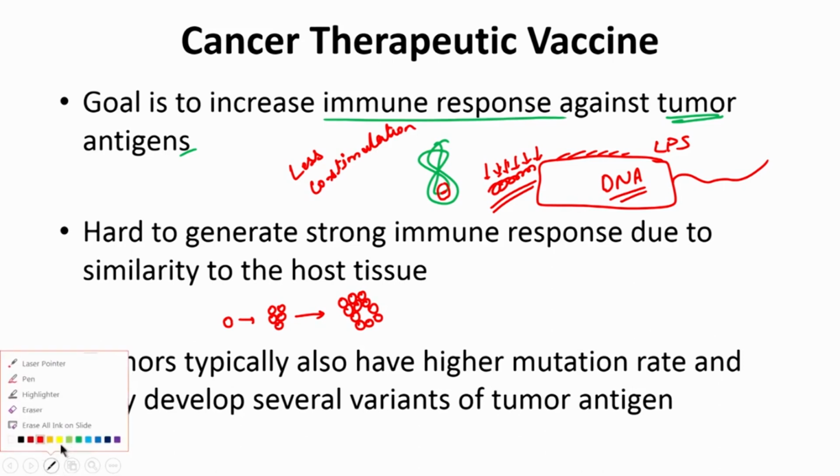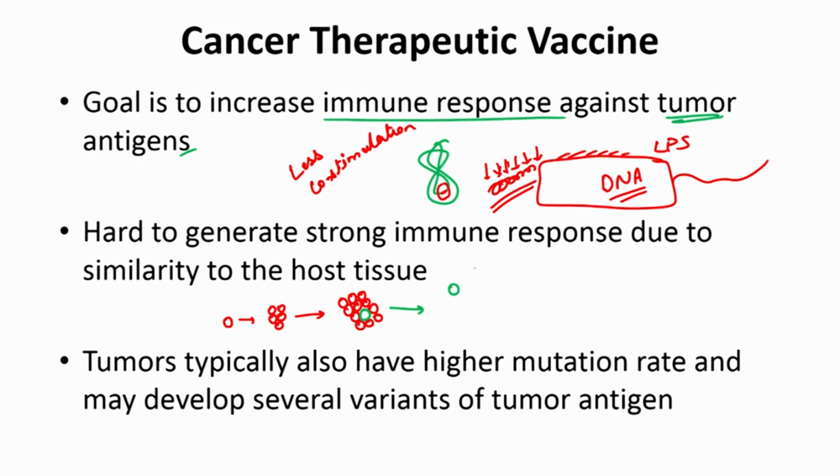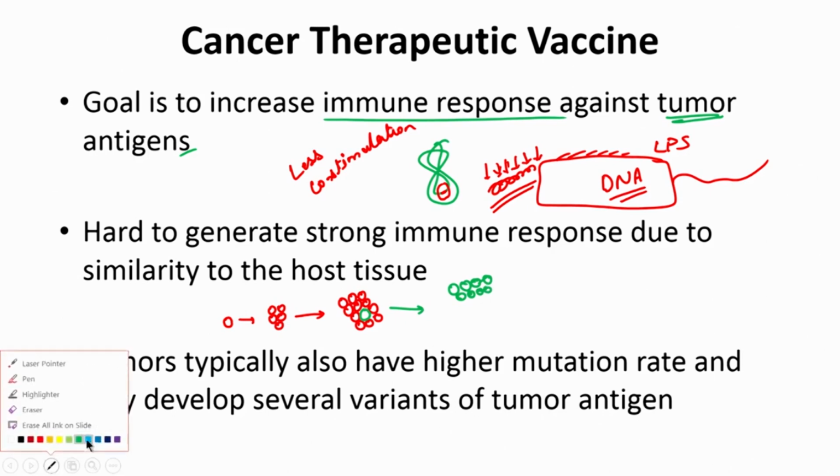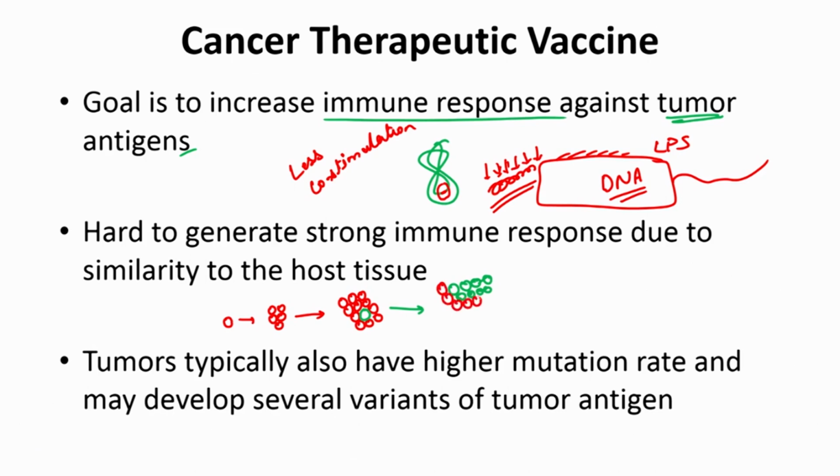maybe one other protein gets mutated and ends up being another type of cancerous cell. So now this will divide further, and obviously the original cancer cells will continue to divide.